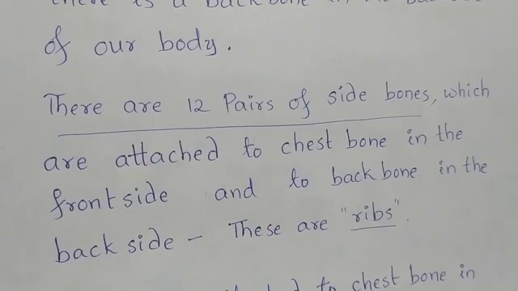They are in pairs. How many pairs of side bones are there? 12 pairs of side bones are there. They are attached to the chest bone in the front side and to the backbone in the back side. These side bones are called ribs. What are they called? Ribs.